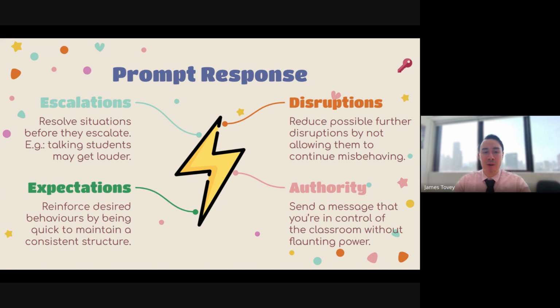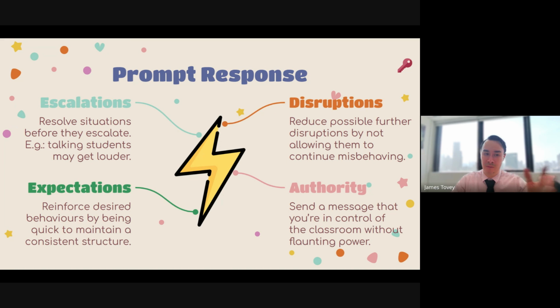Disruptions. So reduce possible further disruptions by not allowing them to continue misbehaving. It's similar to escalations, but essentially by responding quickly, you're reducing the chance that the student will do another disruption in the future.